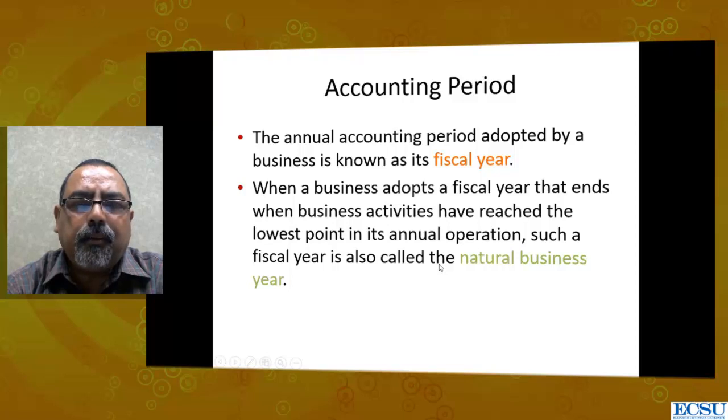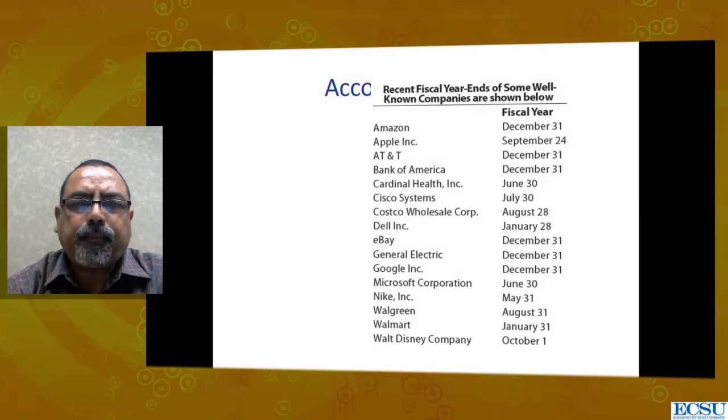Now, they will be having a kind of a nose dive to their business around October, November. So if they end their business accounting period by November or by October, then we'll be considering that as their natural business year. So that is how we understand the natural business year.